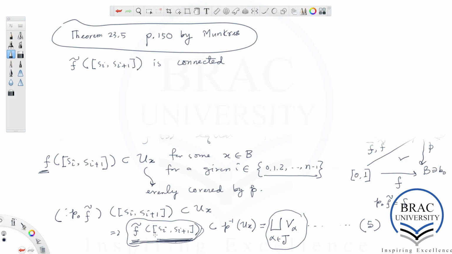It cannot be spread out over a bunch of V alphas, since it's connected and the V alphas are pairwise disjoint.